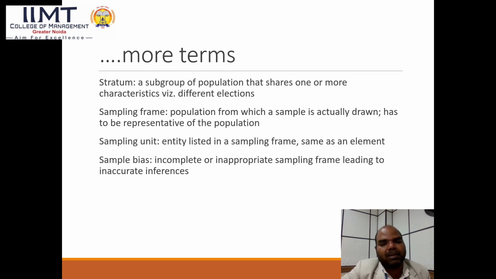Another term is sampling units: entities listed in a sampling frame, the same as an element. Sample bias: incomplete or inappropriate sampling leading to inaccurate inferences is called sampling bias.